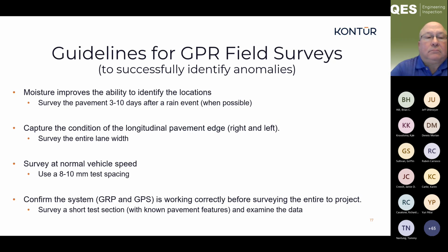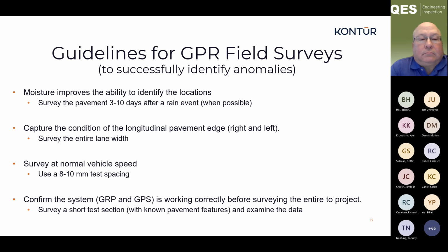Thank you, Jacopo. So some things to consider when you want to get a successful identification of anomalies. One of the things that hasn't been talked about yet today, but we need to talk about, is moisture is a key to identifying those reflections.